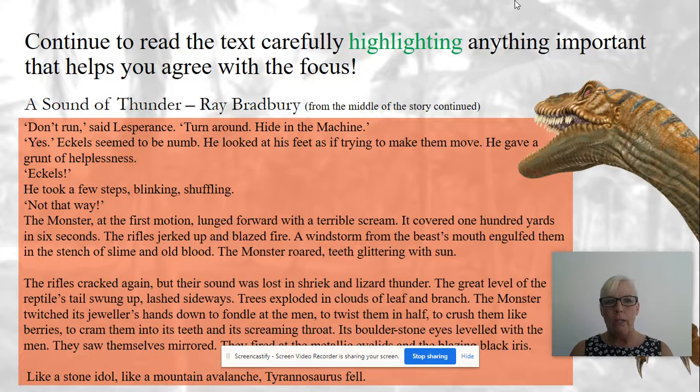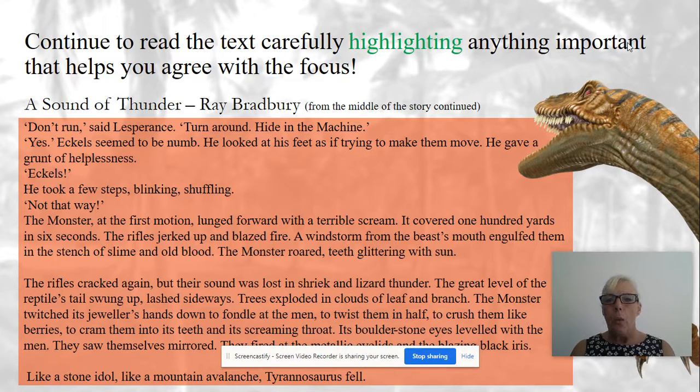"Don't run," said Lesperance. "Turn around. Hide in the machine." Yes. Eccles seemed to be numb. He looked at his feet as if trying to make the move. He gave a grunt of helplessness. "Eccles!" He took a few steps, blinking, shuffling. "No, not that way." The monster, at the first motion, lunged forward with a terrible scream.